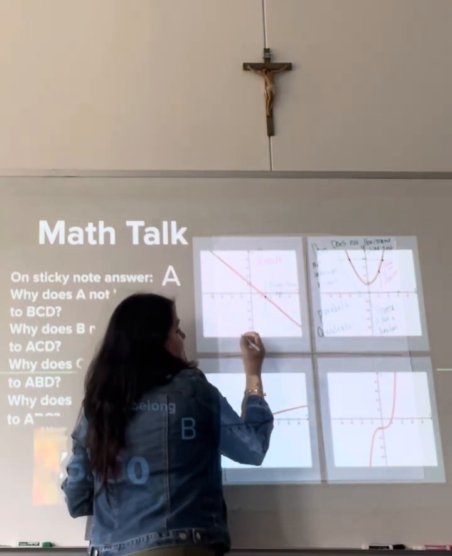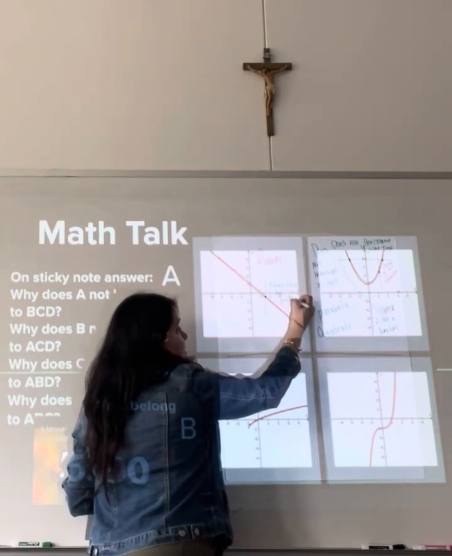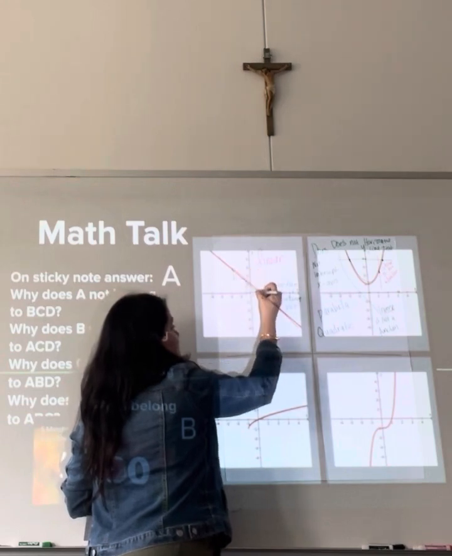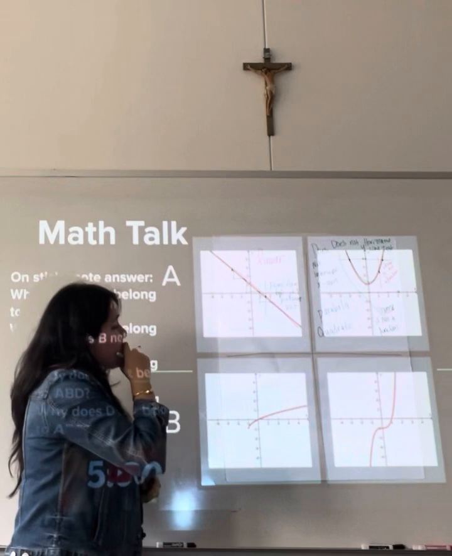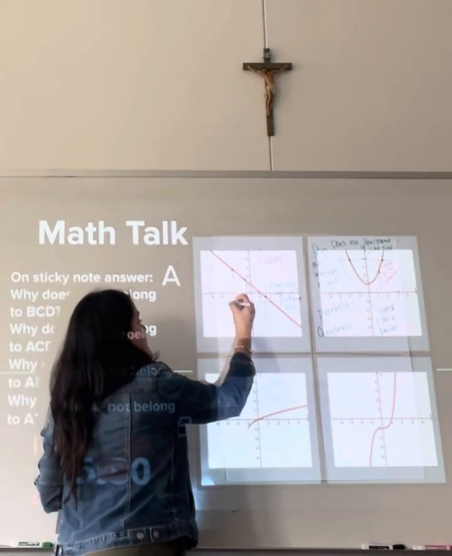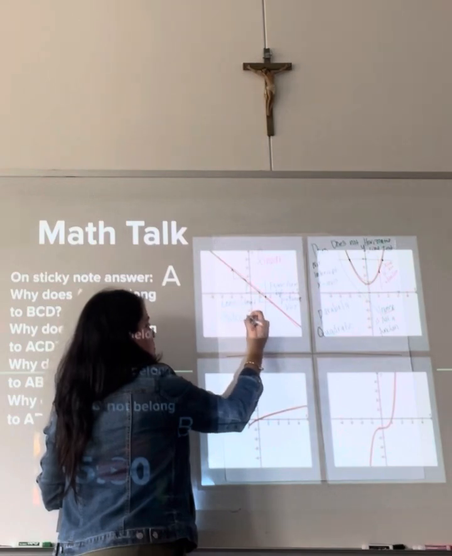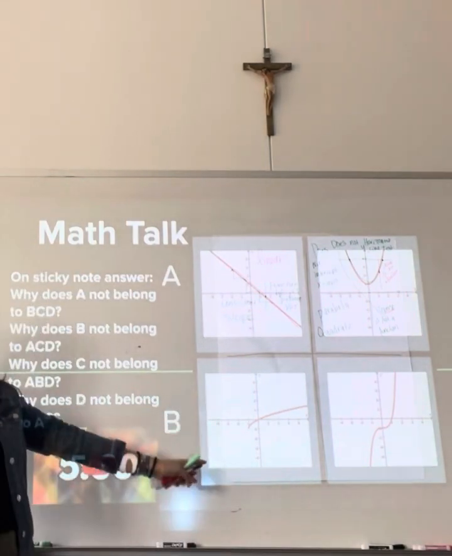Okay, it's a consistent pattern. It passes the vertical line test. And it's a consistent, what do we call this? The rise over the run? Yeah, it's a consistent slope. Okay?